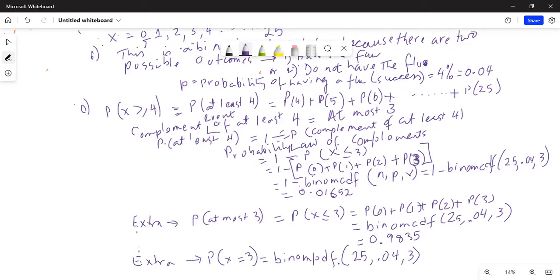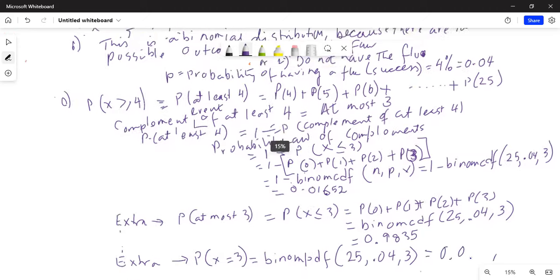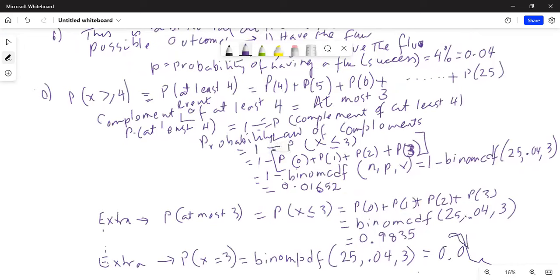So second DISTR, we scroll down to binompdf and hit enter. Number of trials is 25, probability of success is 0.04, x value is 3. I bring the cursor on Paste and hit enter and enter. And the answer is 0.06. There's a 6% chance.